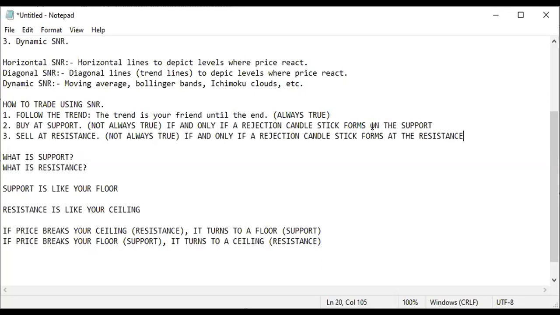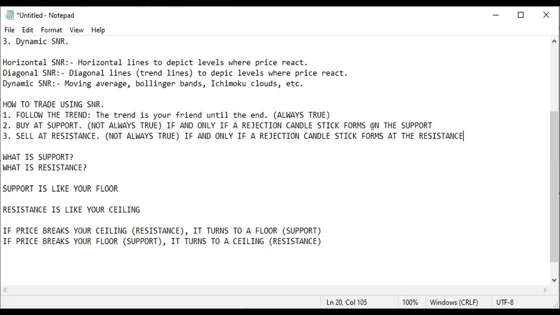Now there are different types of rejection candlestick formations. There's bearish engulfing, bullish engulfing, evening star, morning star, shooting star. Me, I like the doji.